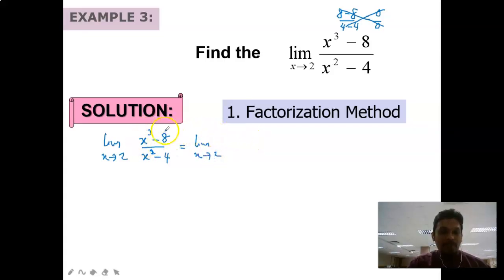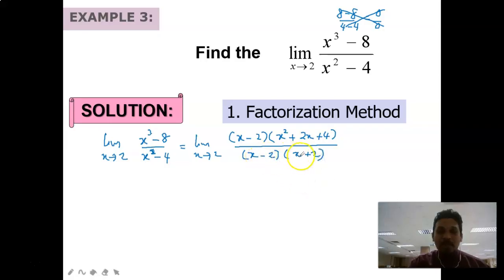Factorize this, and we can get one of the factors, which is x minus 2 and x squared plus 2x plus 4, divided by, factorize this, x squared minus 4, it gives you x minus 2 and x plus 2.